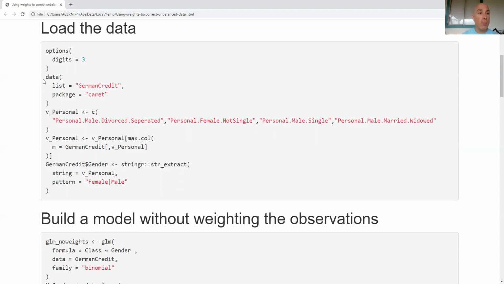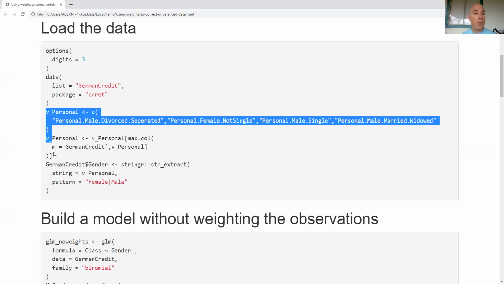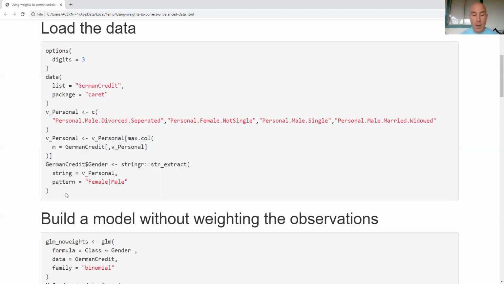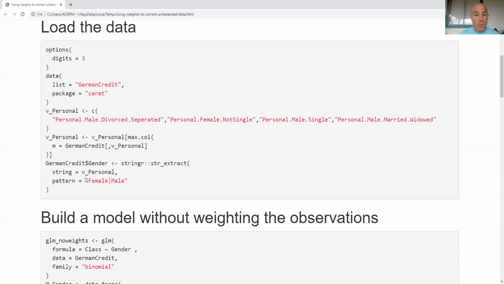All right, so here I'm loading the data. It's the German credit data set from the caret package. And then this part is I'm building another column just for gender, male, female. Basically, I'm using this just to make a very simple model to show you why this is important.